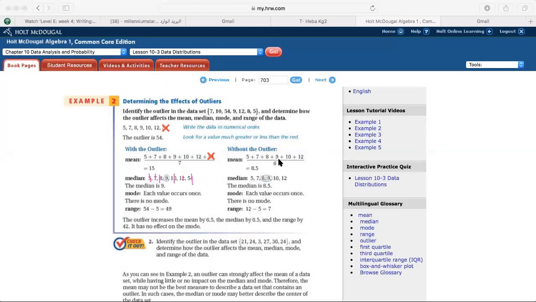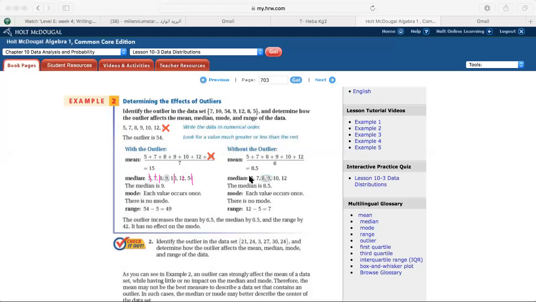I will not write over 7, of course, because I excluded one number, so it will be over 6. If I add the numbers in the numerator, and in the denominator I have the number of values, I will get 8.5.